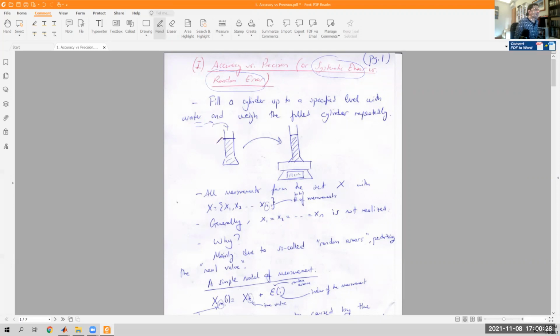I have a graduated cylinder and there is a certain level shown with a pen or pencil on this graduated cylinder. I fill this to that certain point, right? And then I carry this graduated cylinder filled with tap water and I weigh it using this electronic balance, and I read this value and record it here.